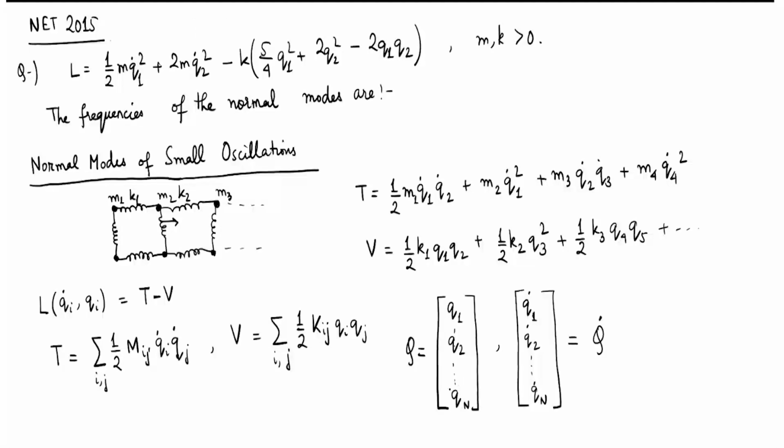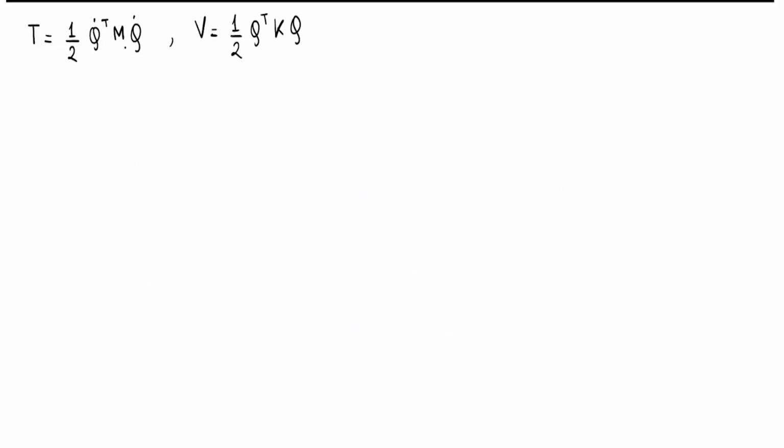This is just the transpose, which gives you a row matrix. And these two matrices, M is a 2 by 2 matrix which consists of all the mass terms, M11, M12, like that. This is known as the mass matrix.